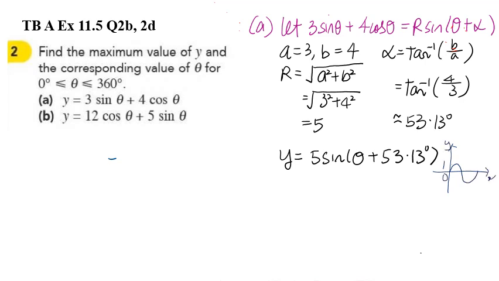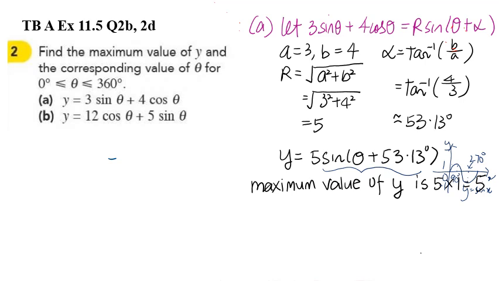Maximum y value is 1, which happens when your angle is 90. Minimum y value is -1, which happens when your angle is 270 degrees. This is y equals sine x. So the maximum value for y will be 5 times 1, which gives you 5.